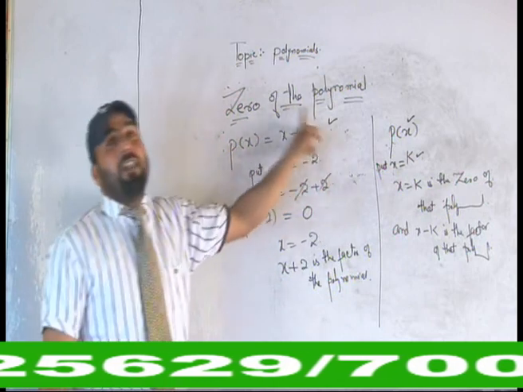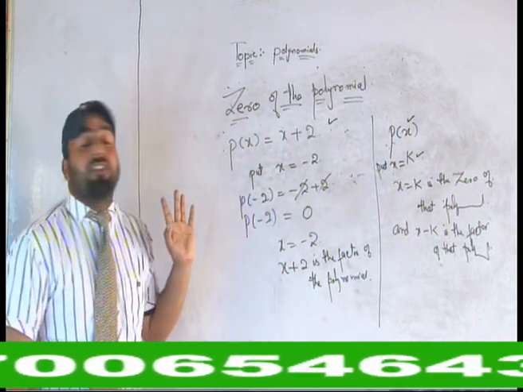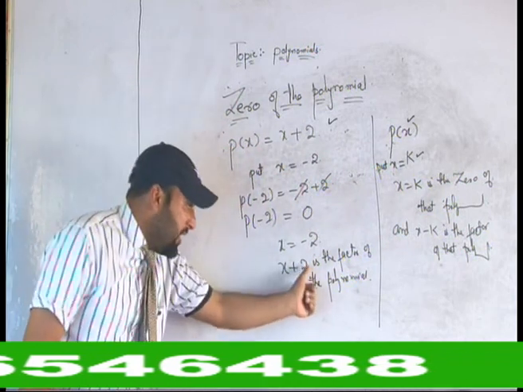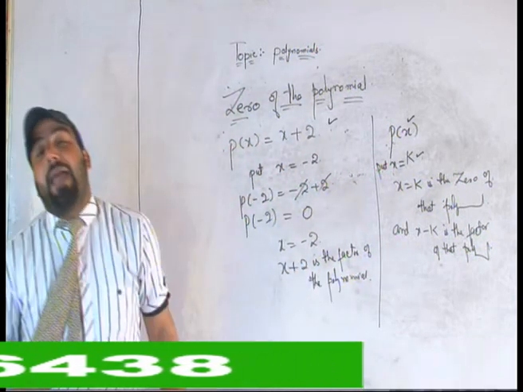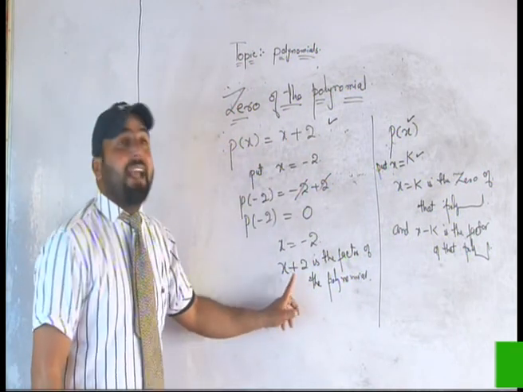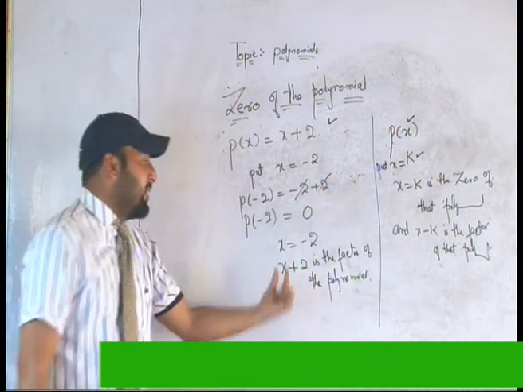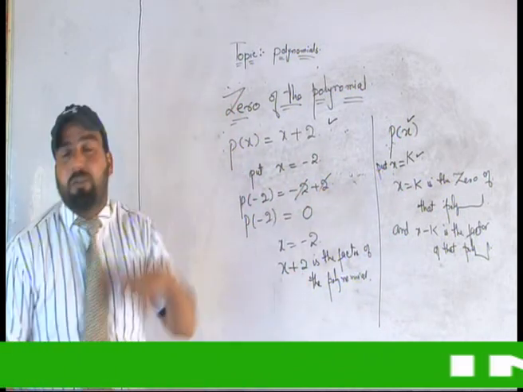So the value of this polynomial is 0. So this minus 2 is referred to as the zero of the polynomial, and x plus 2 is referred to as the factor of the polynomial. If we divide this polynomial by x plus 2, the remainder will be 0. Wherever the remainder is 0, x plus 2 is the factor of this polynomial.